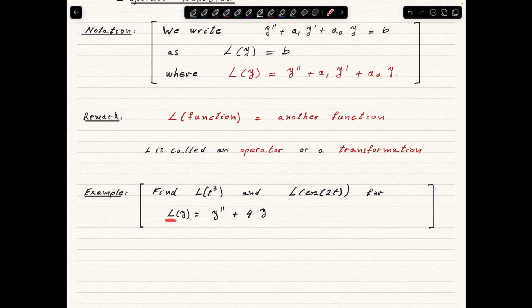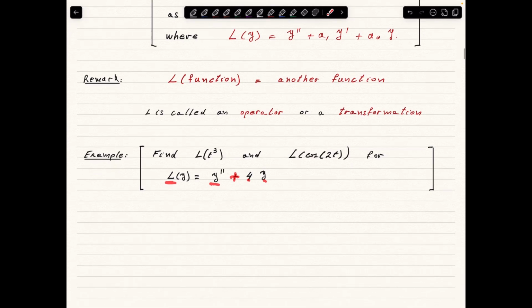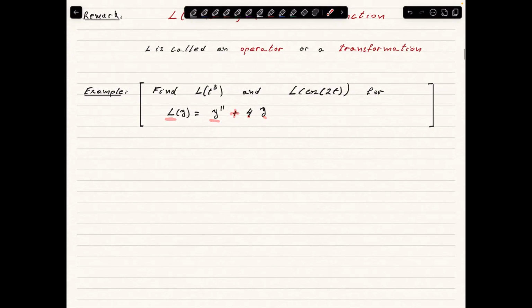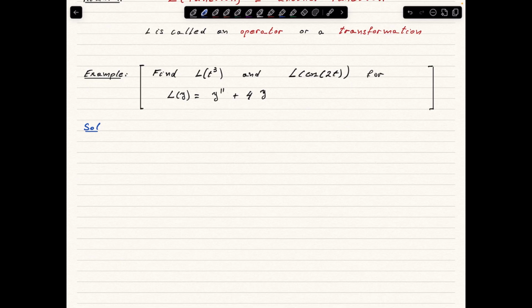This L is: compute the second derivative, and to that add 4 times the original function. So let's do this exercise just to have a feeling of what an operator is and how they look. Let's start with computing what is L acting on t cubed.